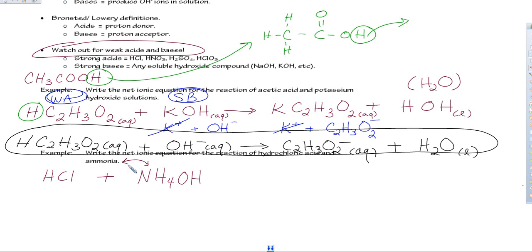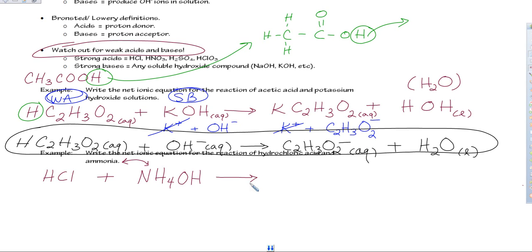Ammonia, NH3, is technically a gas, but an ammonia solution could be written as NH4OH, ammonium hydroxide. Now we could also write ammonia NH3 aqueous, but for purposes of writing a net ionic equation, I think this is going to be a little easier. So let's do this as a first-year chem equation.